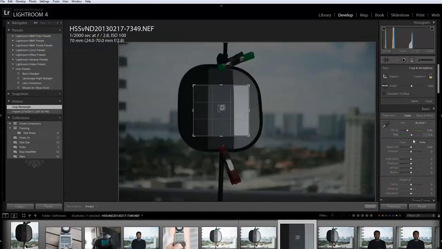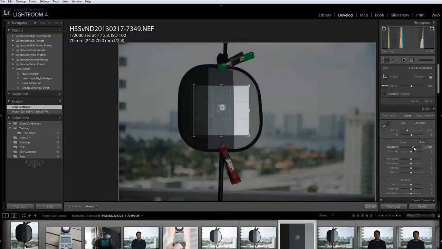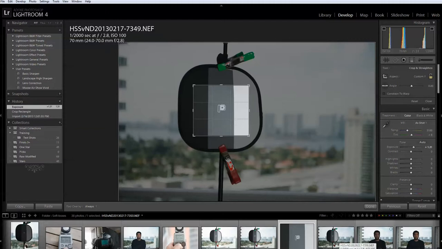I was going to say 2 stops, it's more like 1.25 stops. So you see you keep losing more and more power as you go.